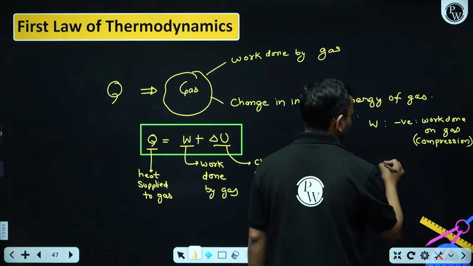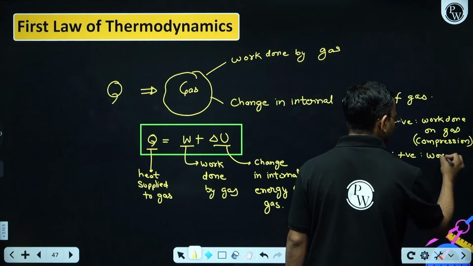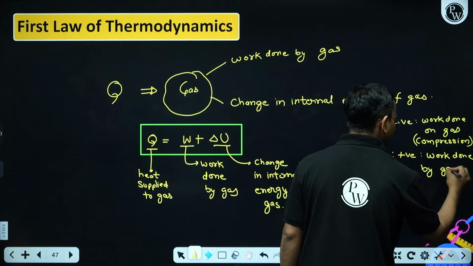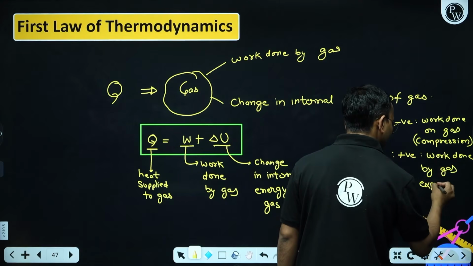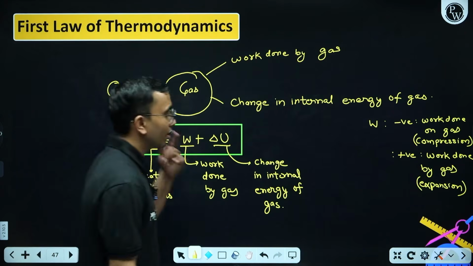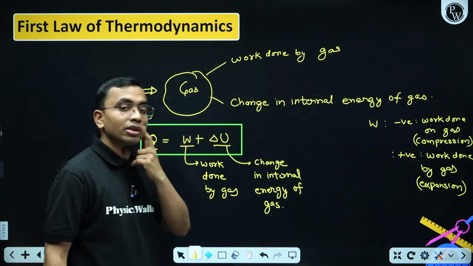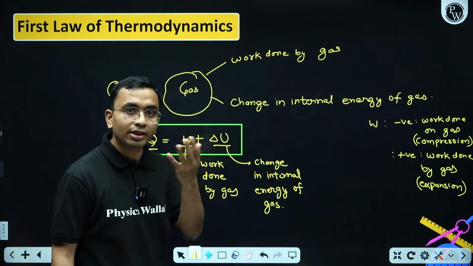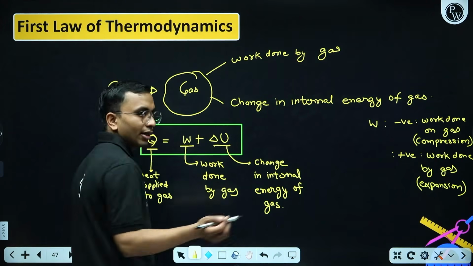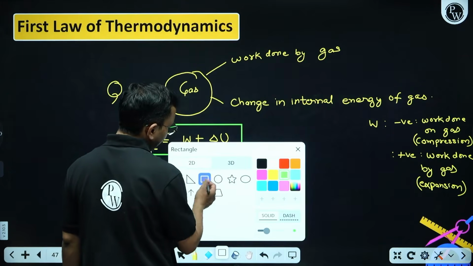And it is positive when work is done by the gas, when expansion happens. Change in internal energy can be positive or negative depending upon the change in temperature. Delta U is nCv delta T. If delta T is positive, it will be positive. If delta T is negative, it will be negative. That's all.